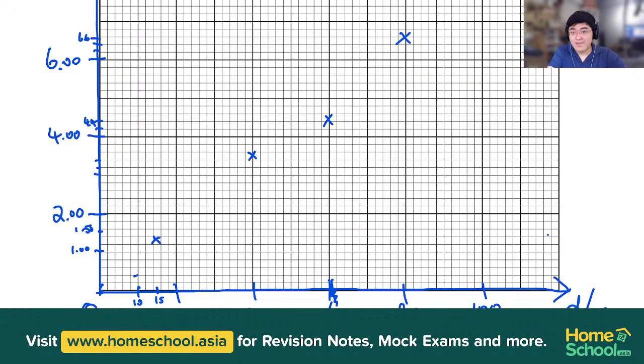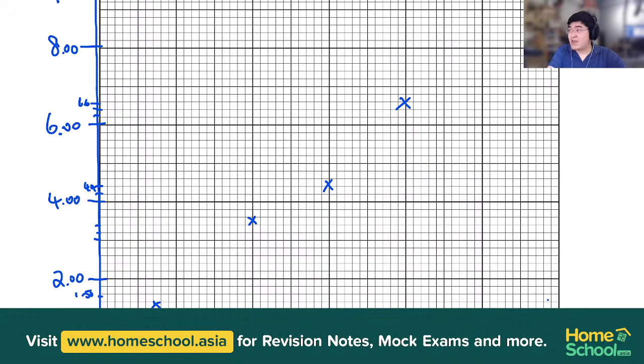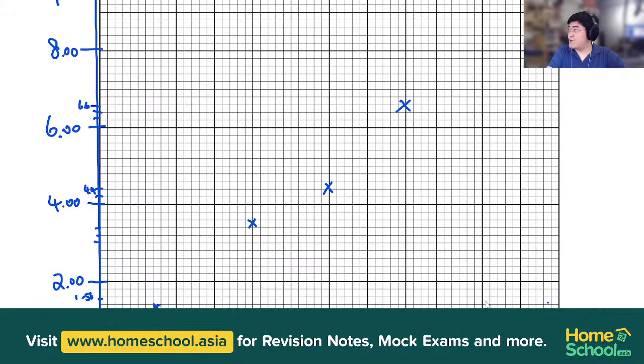Finally, we have 100 and 7.81. 100 is this line over here, and 7.81 is somewhere down here. This is 7, 7.2, 7.4, 7.6, 7.8. 7.81 is very close to 7.8, so let's draw it right on the dot over here.